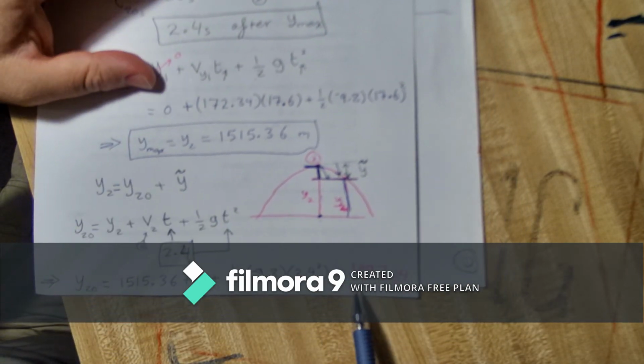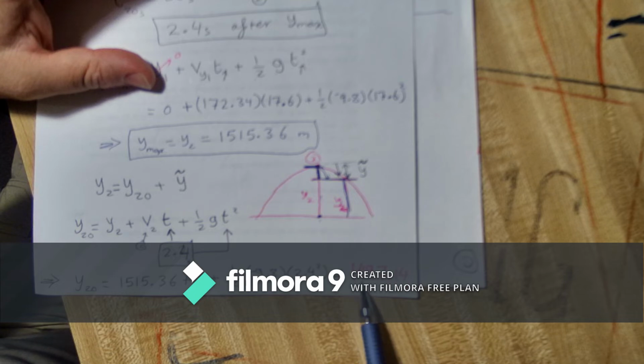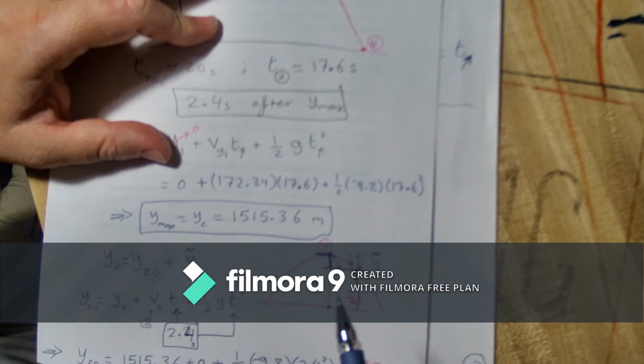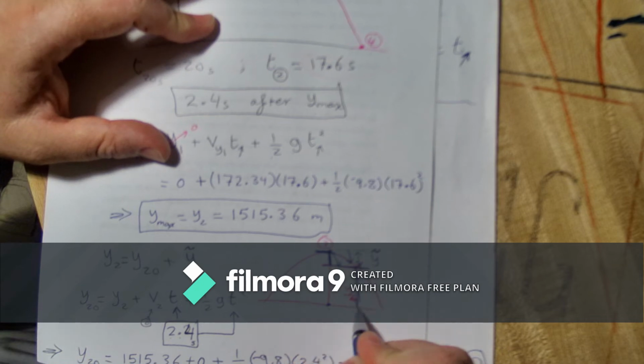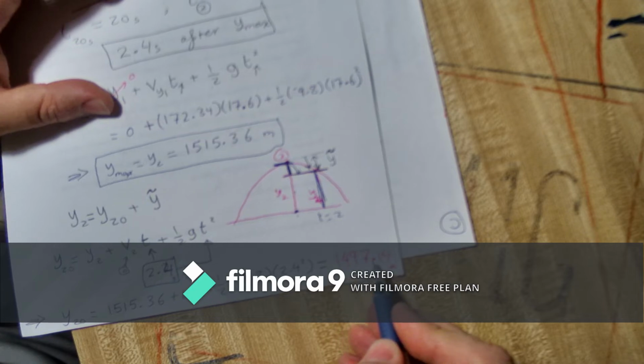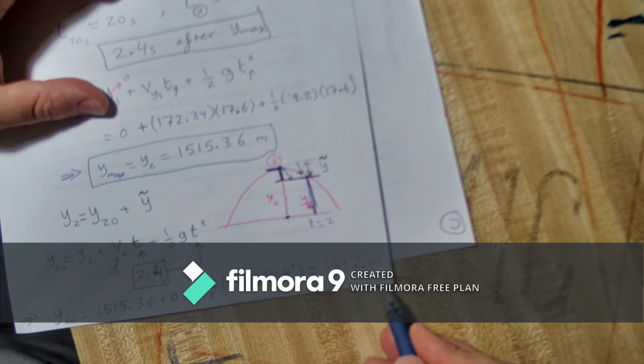This will give me 1497.14 meters. So the y altitude at time equal 20 is 1497.14 meters.